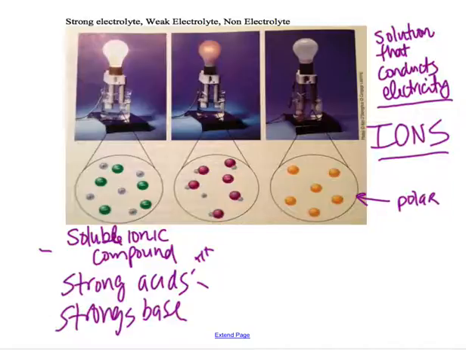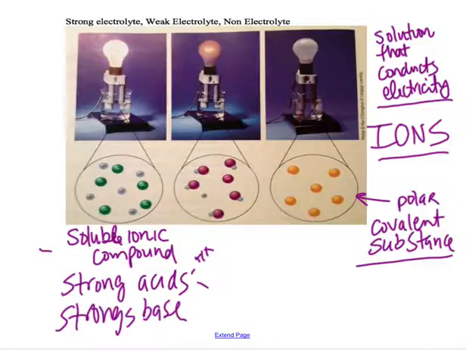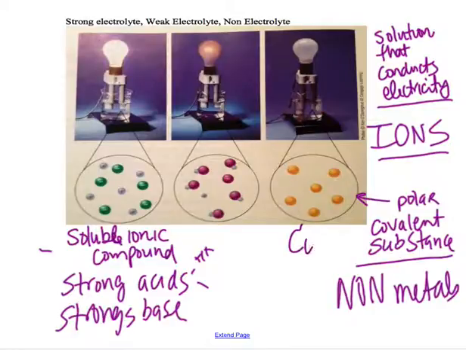So any covalent substance is going to dissolve, well, if it's polar, it'll dissolve in water, but it won't ionize. Okay? So covalent substances, and by that, things with nonmetals. So C6H12O6 is an example. What else is an example? Oil, right?